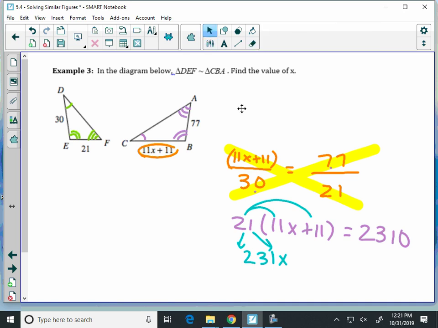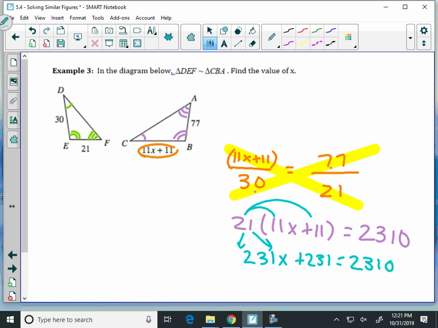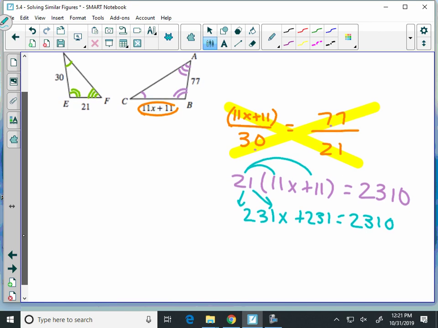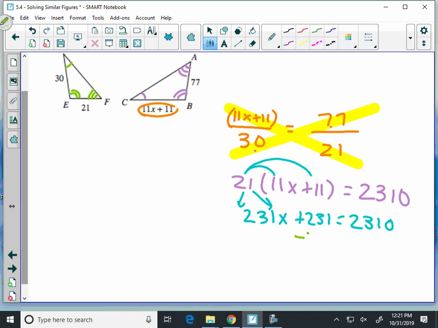So 21 times 11 is 231. So then we move that 231 over.